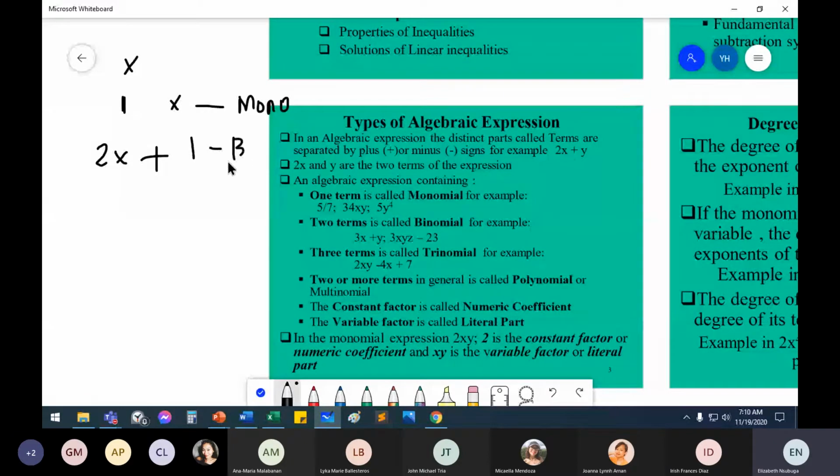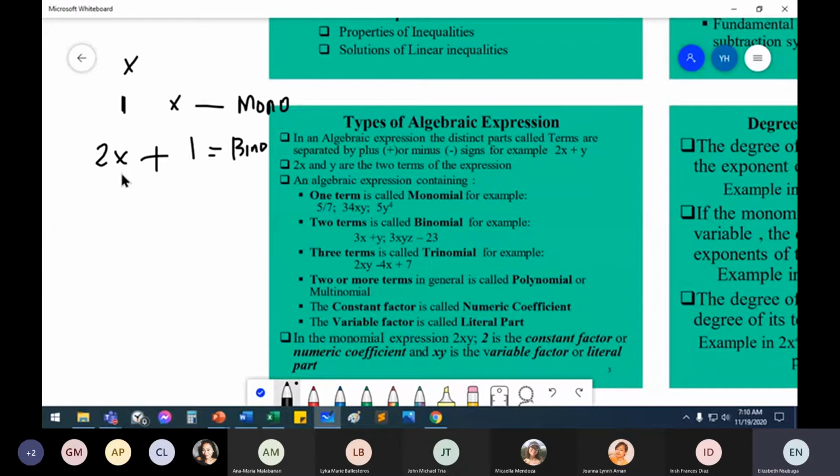So what is a binomial? A binomial is an algebraic expression that consists of two terms. So these are referred to as terms, each one. So a monomial has one term, a binomial has two terms.